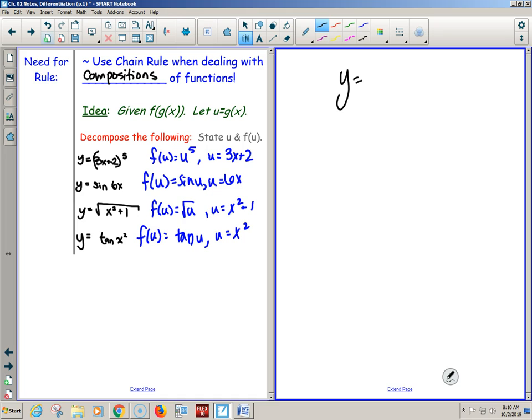Y is equal to 3 over the square root of sine of 3e to the 2x.